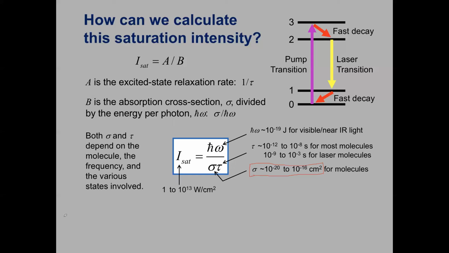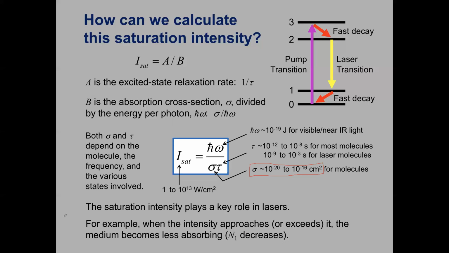Overall, what this means is that for our laser molecules, the saturation intensity goes from about 1 to 10 to the 13 watts per square centimeter, a quantity which plays a key role in lasers. What it really means is what happens when the intensity of the light inside the laser, or the intensity of your pump, is below this quantity.